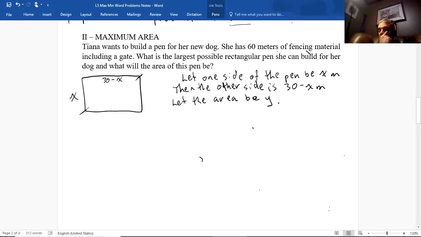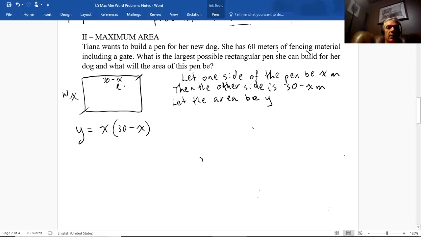And therefore, we can say y equals x times 30 minus x. So this is like our width and this is like our length, okay? And since area equals length times width, we're just changing the area to be y, the length to be actually 30 minus x, and the width to be x, and we're multiplying them together. It's not a big deal.